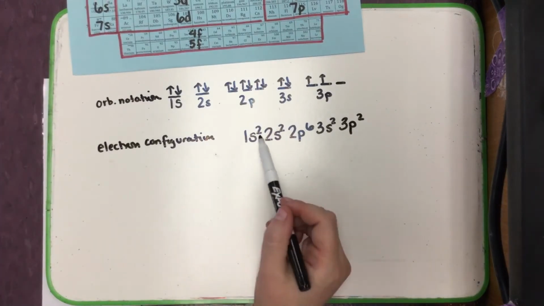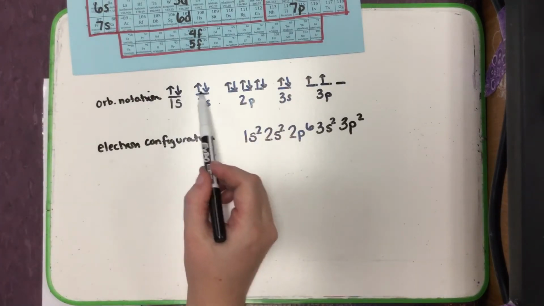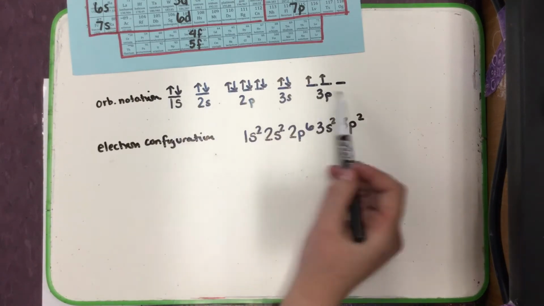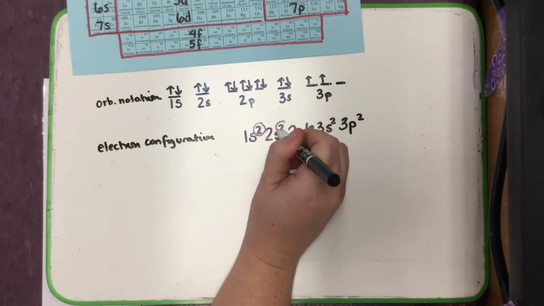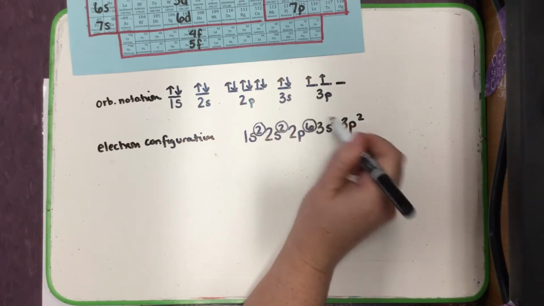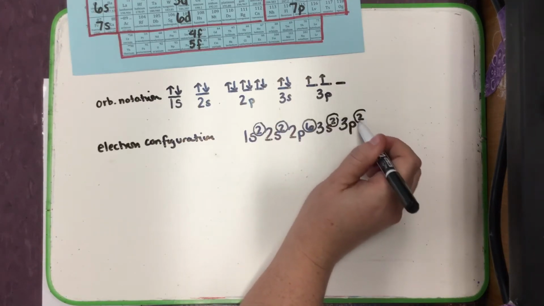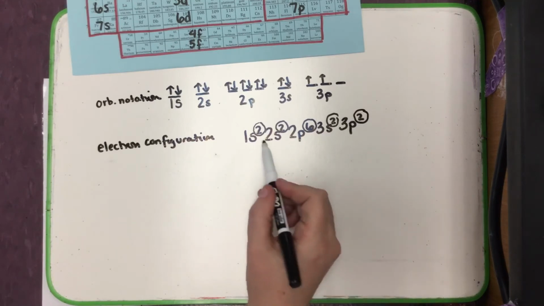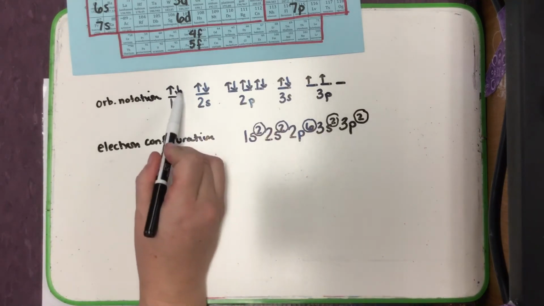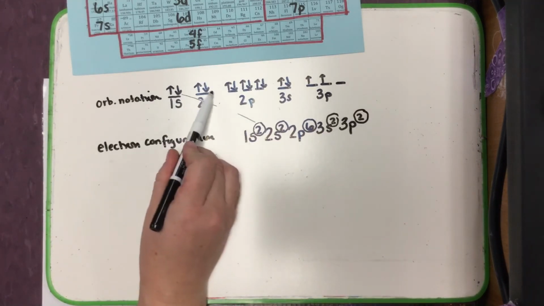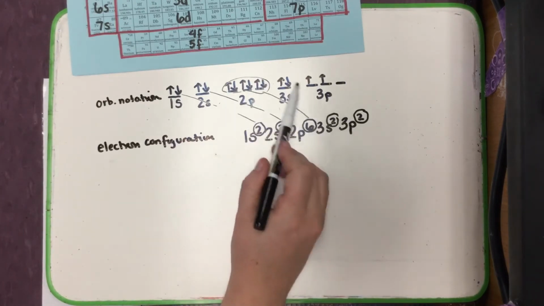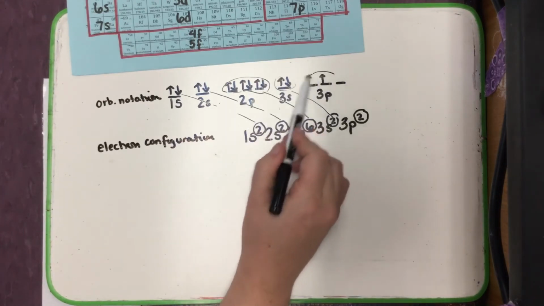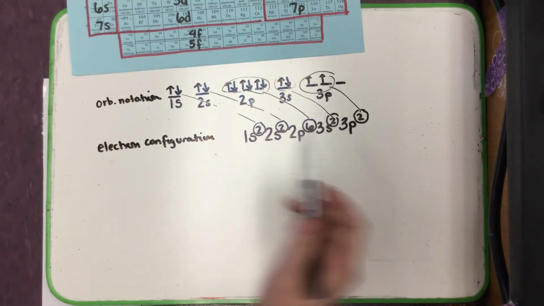So I have replaced these arrows and the lines, or the orbitals, with a single exponent, a 2, a 2, a 6, a 2, and a 2. And it might be obvious to you that each of those exponents just relates to the number of total arrows that were drawn above the subshell regions.